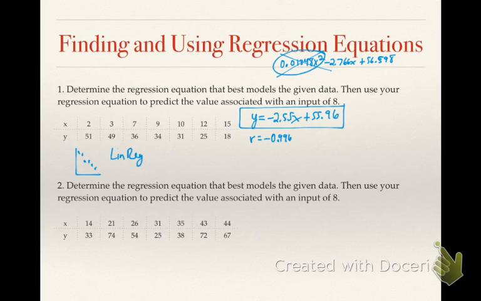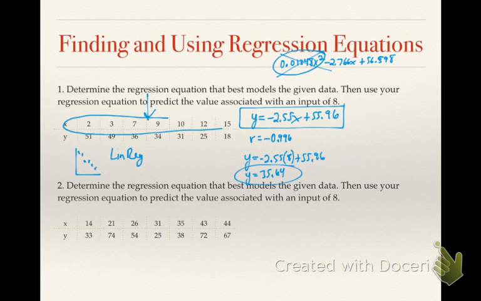Now the next part says to find the data that's associated with an input of 8. So all we have to do is plug in 8 for x: y equals negative 2.55 times 8 plus 55.96, and that gives you an output of 35.64. Now notice I'm plugging in 8, which is within the range of my data in my table.